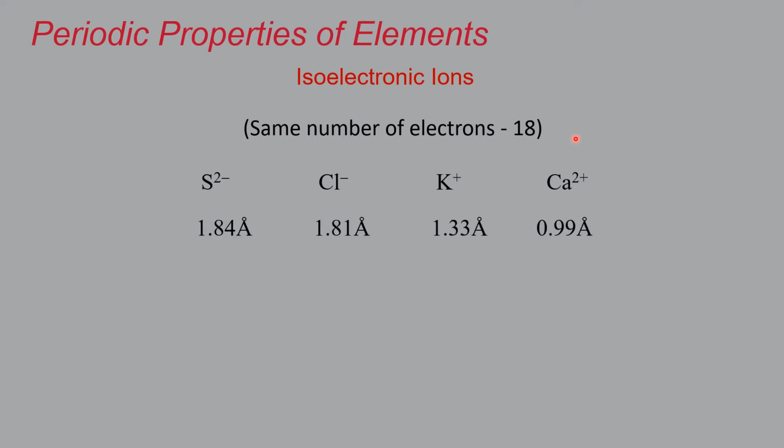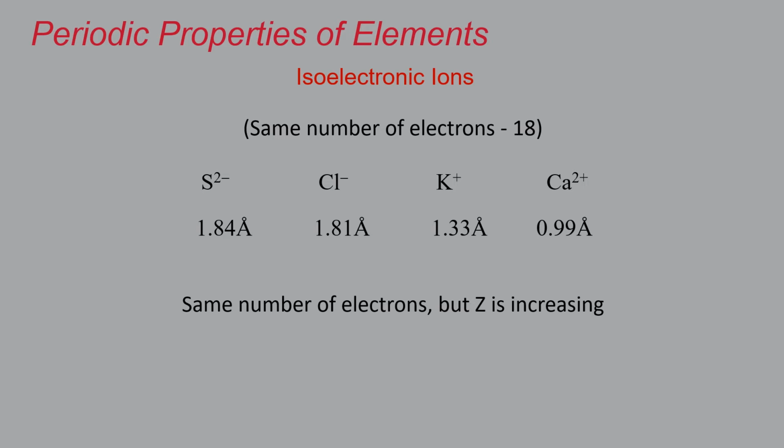These are the actual radii for these ions. They go from 1.84 angstroms for sulfide down to 0.99 angstroms for calcium. Why is that? Think about what's the same in these and what is changing. All these have the same electron configuration, that of argon, the same number of electrons.